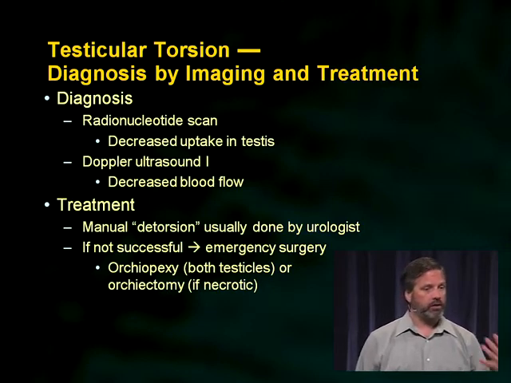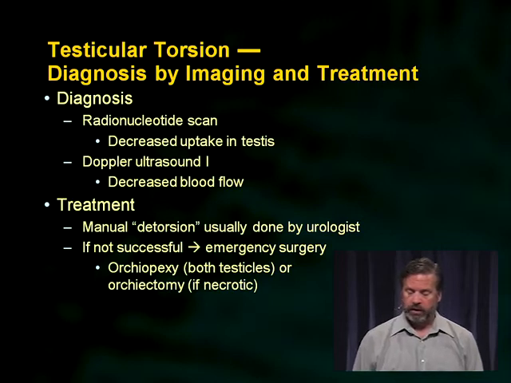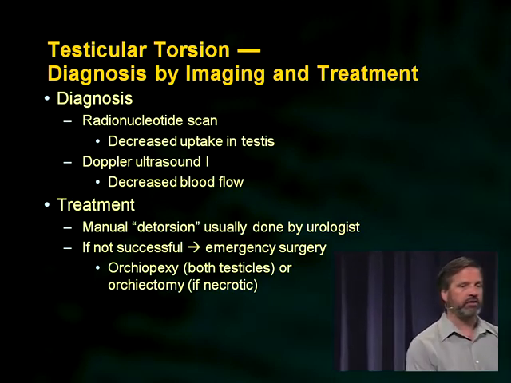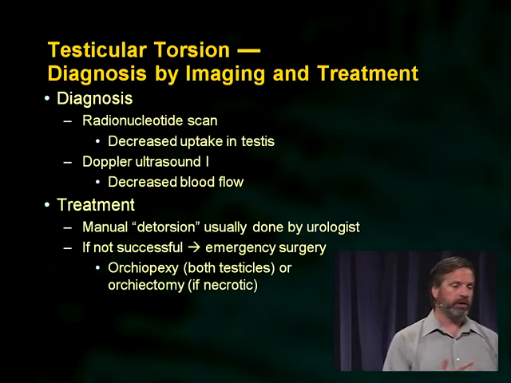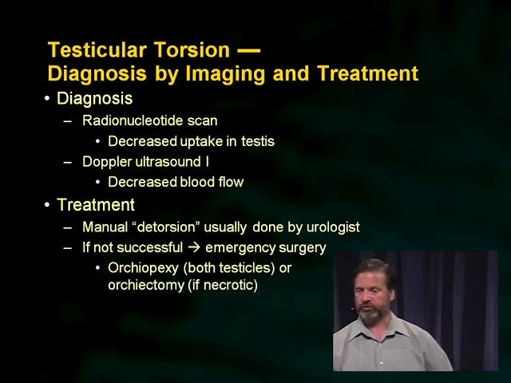But again, your answering the question is going to hinge upon how quickly that can be done. A trained urologist can do manual detorsion, but you really don't want to entertain that possibility without being ready to undergo surgery. And in surgery, they detorse, untwist, and they do orchiopexy, which is where they tack the testicle down so it can't twist again.